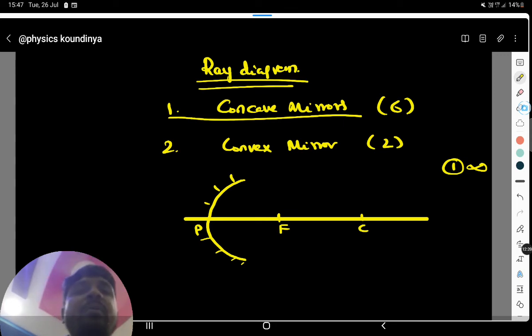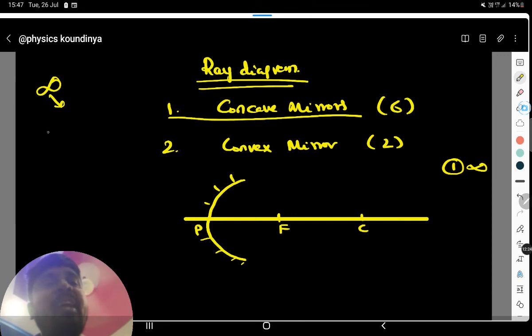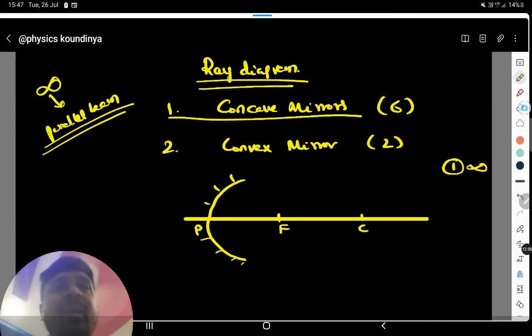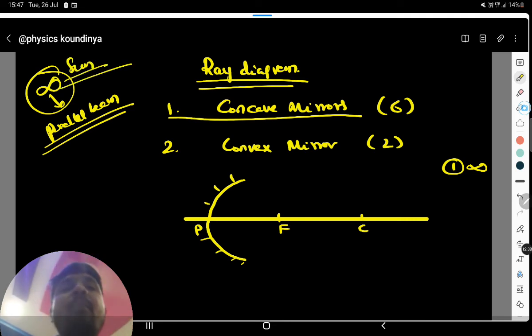You always remember, if the source is at infinity, then the beam of light is called a parallel beam of light. So when the light ray is coming from an infinite source like sunlight, it is taken as a parallel beam of light. This is the first condition.